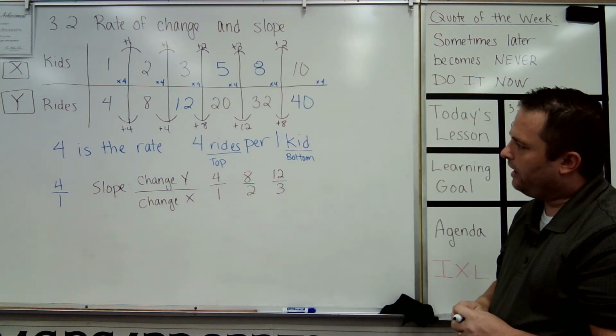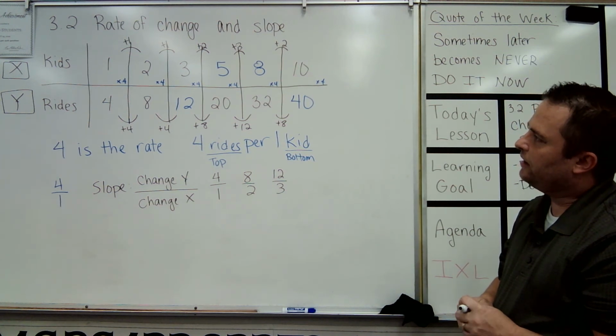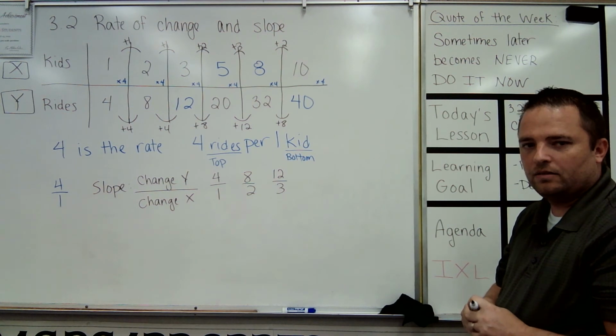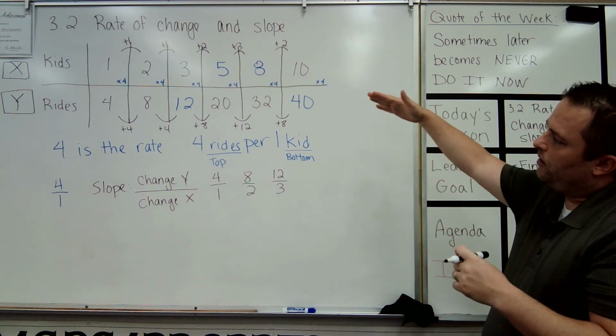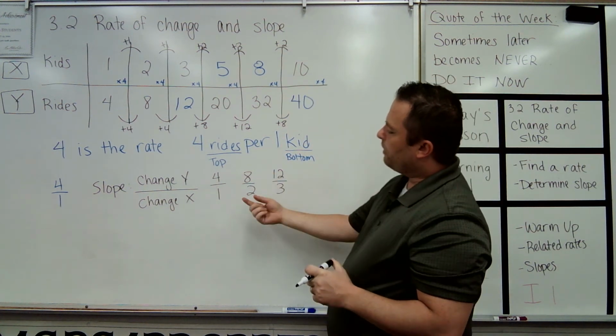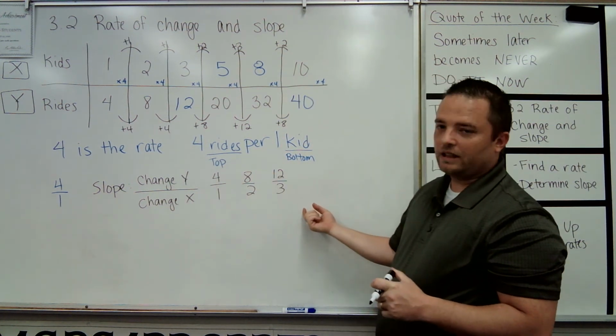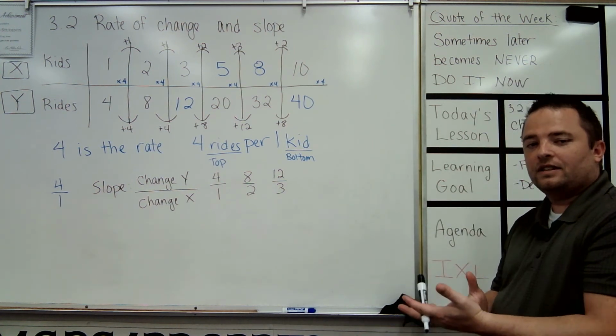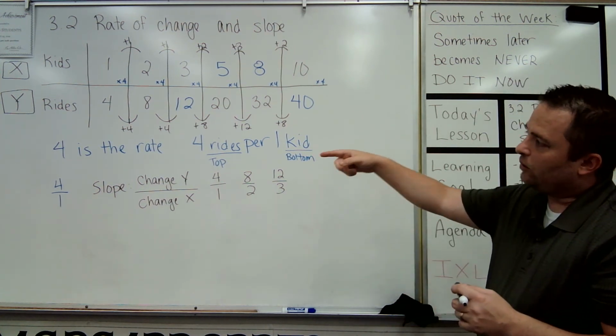Just like what we had before when studying the proportionality, when we were studying the constant that relates these two things together, this little 4, what we were actually finding was a slope. Now, slopes are referring to graphs in a way that rates are referring to tables.